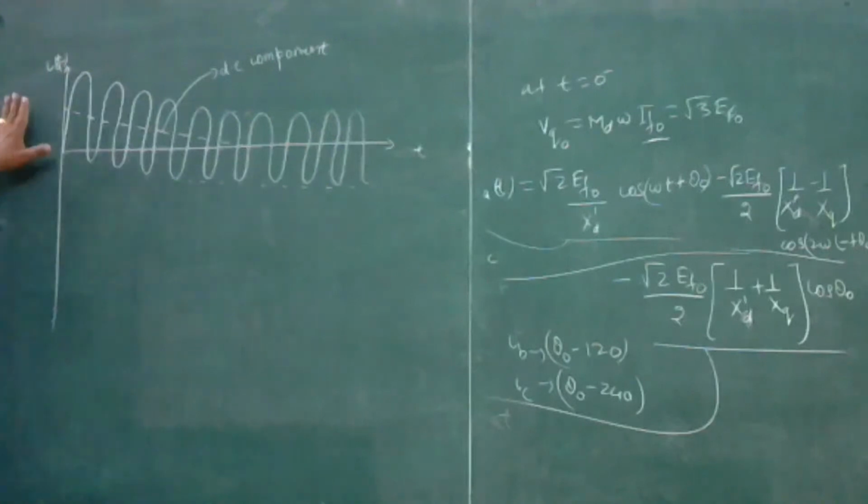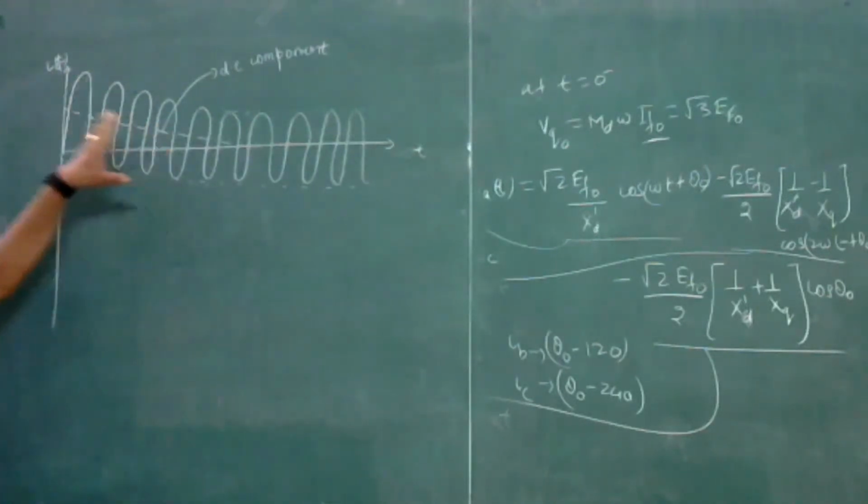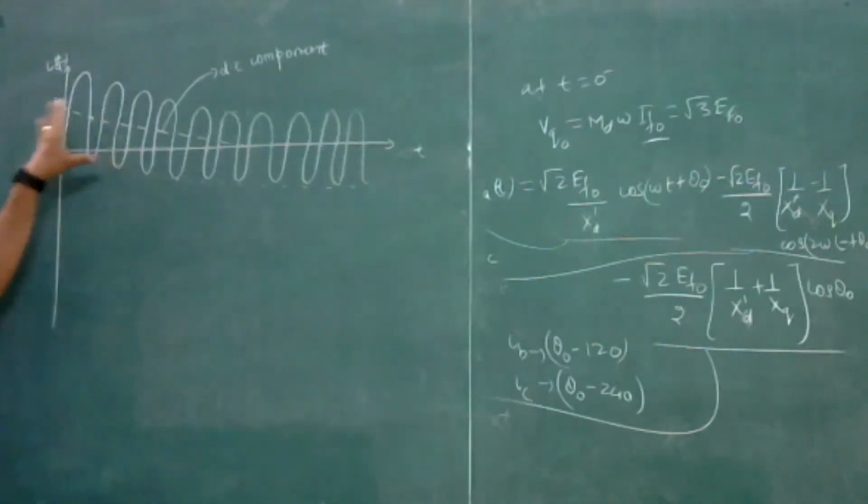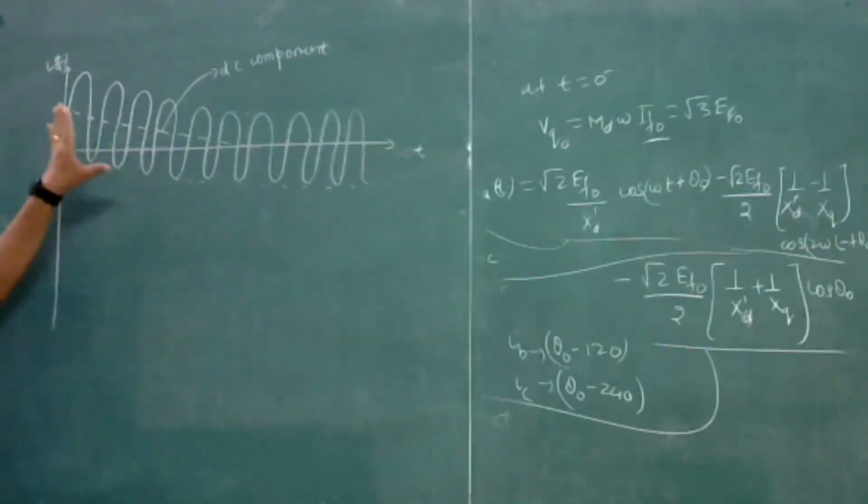So this will be the variation of the phase current iA(t) when a synchronous generator is subjected to a short circuit condition.